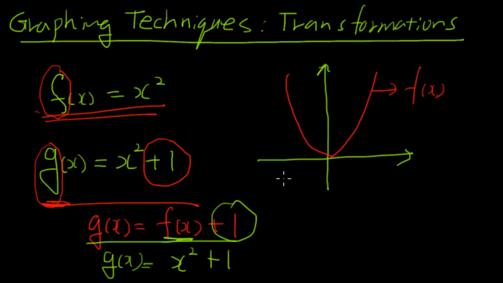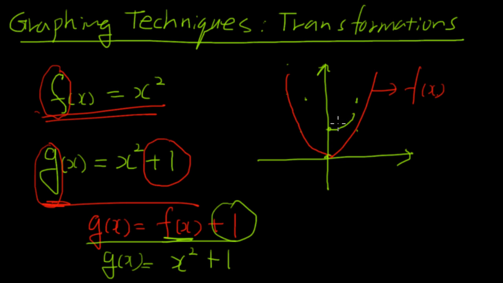Let me repeat that. Every single point on f is going to go up by 1 unit. See that point right here? It's going to go up 1 unit. And this one, and this one too, it's going to go up 1 unit.